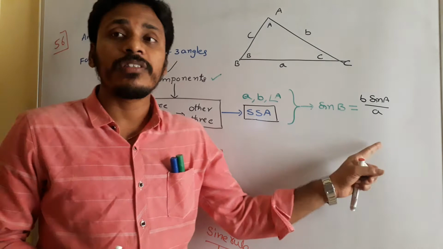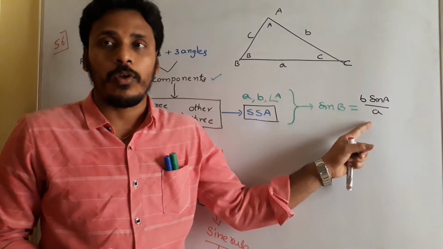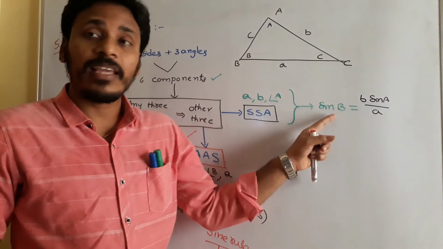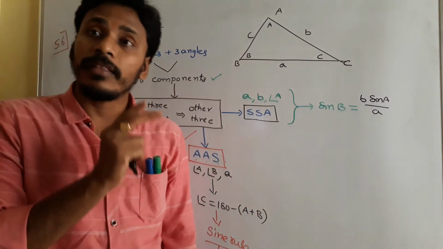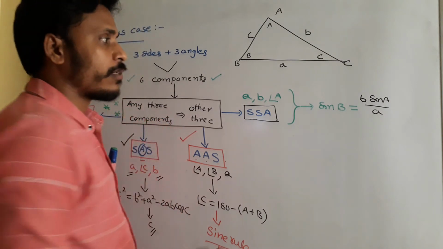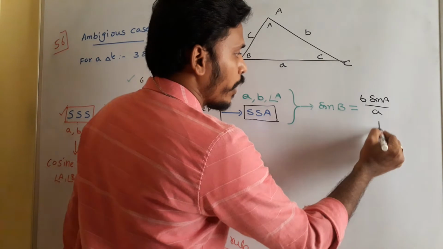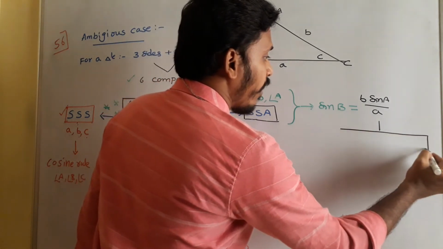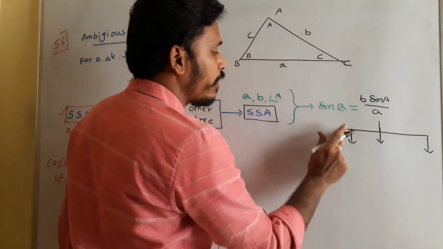Whereas if this value is less than 1, then B has two possible values, so there are two possible triangles. What I am telling you is sine B is equals to b sine A by a. You just think about the value of b sine A by a. This is actually the ambiguous case.